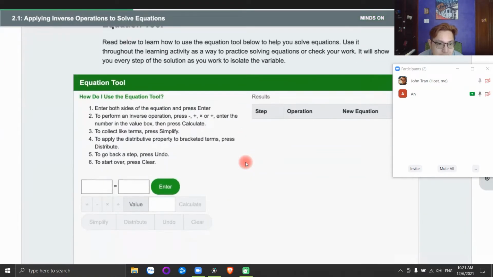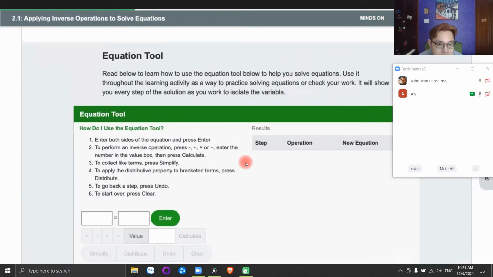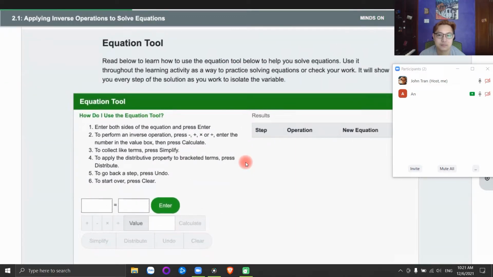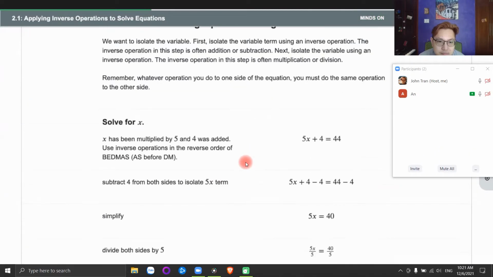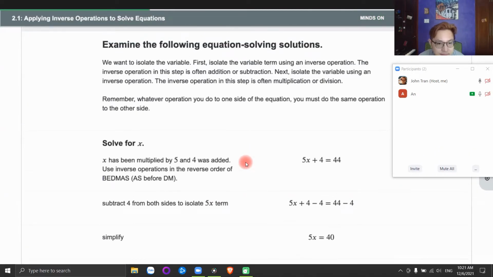So there are these equation tools. Okay, so for x and things like that.